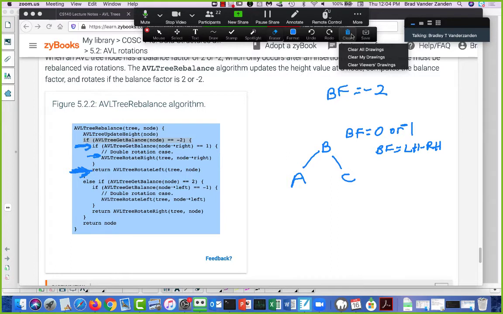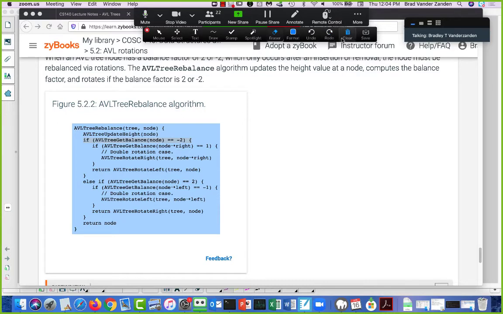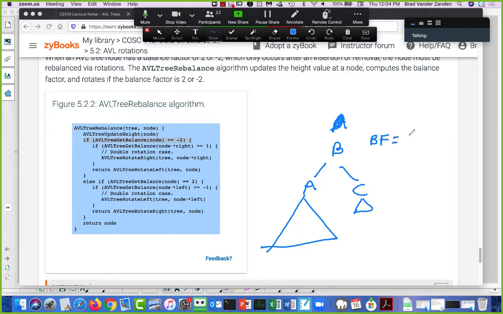Okay, now I'm not going to repeat this for the same situation. It's a mirror case. If our situation instead was something like we had A, and let's make it B, and this were A and C, and let's say that this tree right here is the deeper tree, and C is smaller, so that the balance factor was equal to 2.